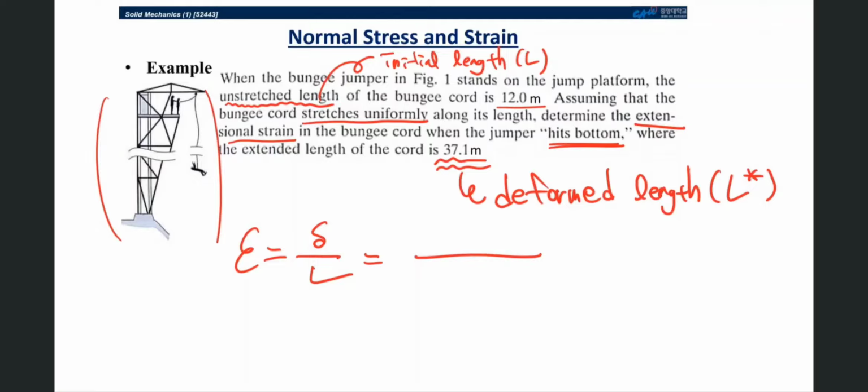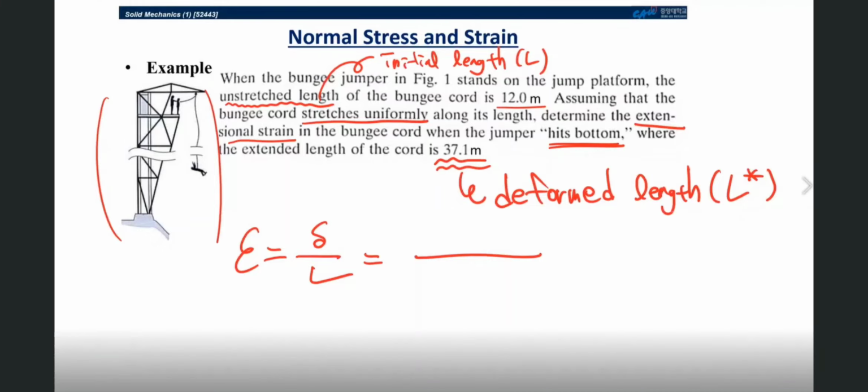But to define the strain, we have to use the exact deformation value, which means delta. So the delta can be defined as L star minus L, which means deformed length minus initial length, over L. And we know that deformed length is what?